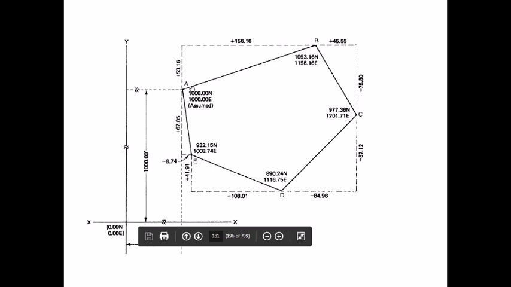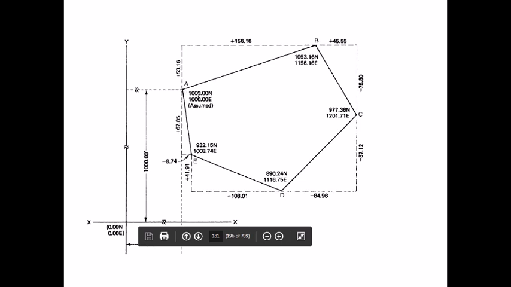Whatever reference point you take, in our question they took the reference point as A, and at A the coordinates are 1000, 1000. Since the latitudes and departures give us coordinates, whatever difference you get in the next point's coordinates, you add or subtract it from the coordinate of the previous point.